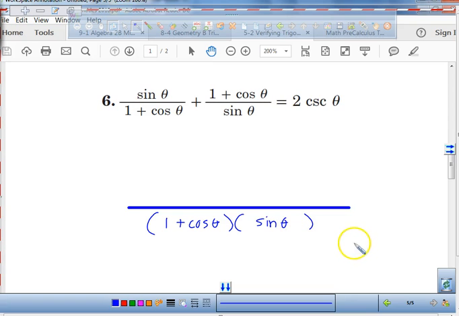Okay? Now, over here, we're going to save you all a little bit of work. I'm going to have to multiply this guy by something, and over here, just pretend that he's not here. We're going to have to multiply the right-hand side by something. So, what am I going to have to multiply 1 plus cosine by? The sine of theta.